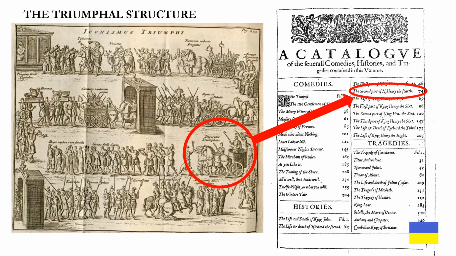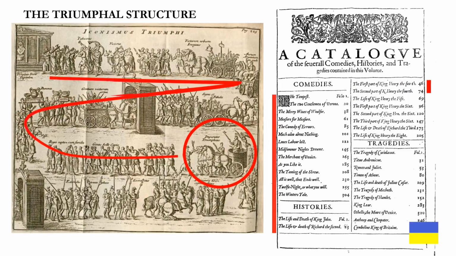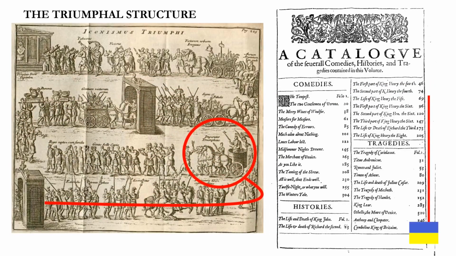That means the 17 plays listed before the location of the quaternion in the second part of Henry IV represents all the spoils and captives of the triumphant emperor's campaign. The second list of 17 plays represents all the generals, senators, and important figures who supported the emperor.